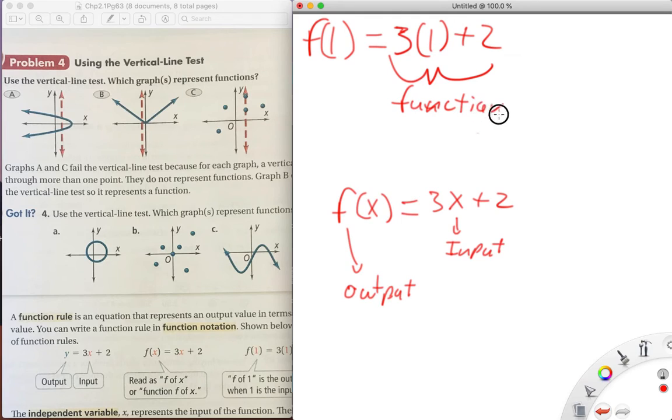My function rule is 3 times x plus 2, which gives me f of 1 equal to 5.